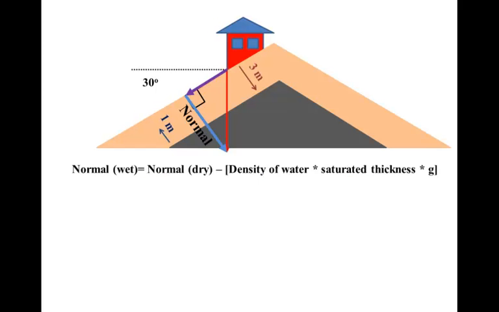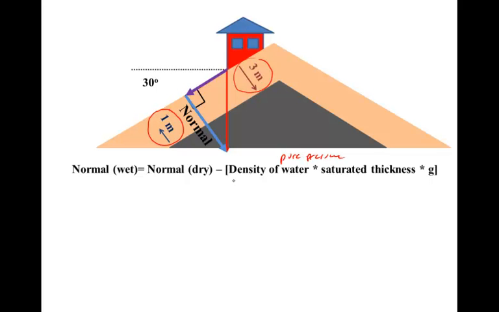Let's do an example. We have our 3 meters of slope material. Let's saturate it with 1 meter of water. How does that change the normal force and the factor of safety? Reduce the normal force by the pore pressure exerted by that water.